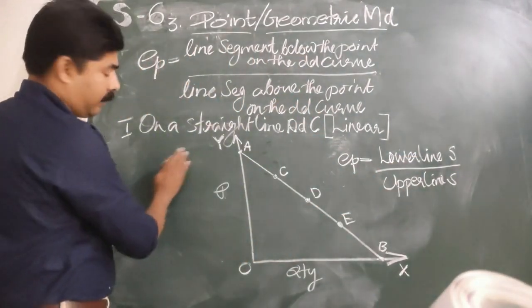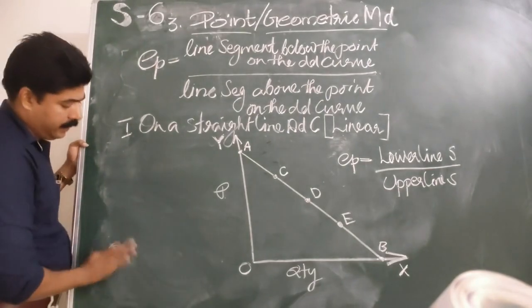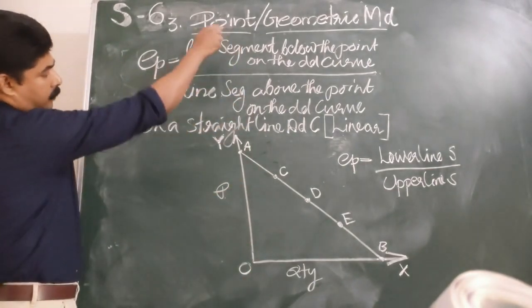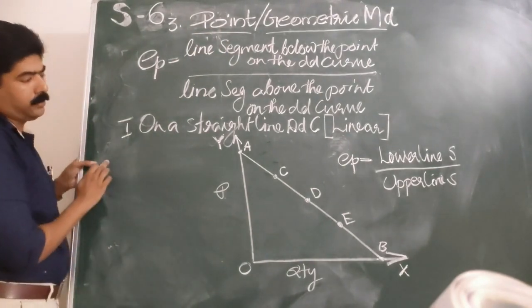So we are going to calculate the different values of price elasticity under the point method, all the 5.